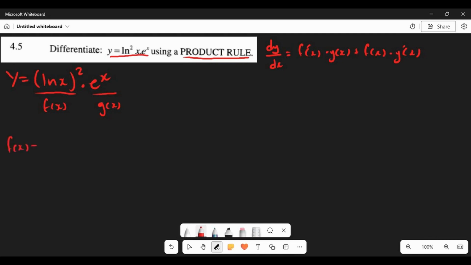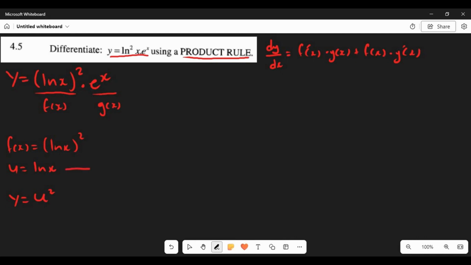Our f of x is equal to natural log squared. Then we need to use the chain rule here in order to differentiate f of x. So we can say u is equal to natural log x, and y is equal to u squared, because when you look at this, we have two functions, guys. It's a function within a function, hence we need to use the chain rule. So we need to differentiate u.